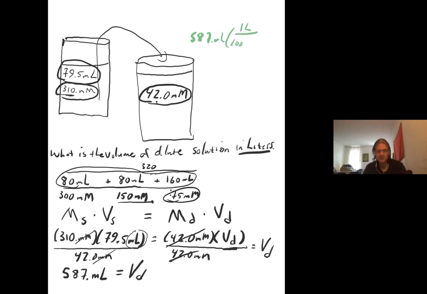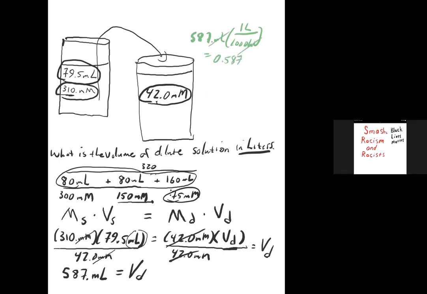So you're just going to divide it by 1,000. This is milliliters, sorry. And then your milliliters cancel and you get 0.587. That'll work. So 0.587, okay? And so, you know, almost 0.6 of a liter, okay? So what that tells you is your total volume is 587 milliliters. I'm going to put in milliliters over here.